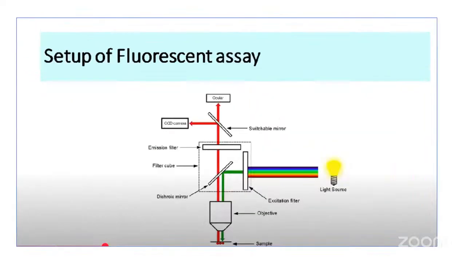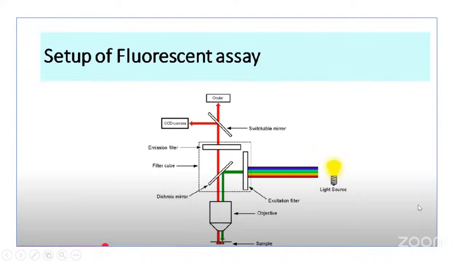So when we detect fluorescence, there is a light source, then you have multiple spectrums of light, and we have an excitation filter. We want this green light to come and excite the sample, which is tagged with the fluorescent label. This is what we call the excitation light. Whatever is getting emitted is different. The color is different, the wavelength is different, and these two are perpendicular to each other.